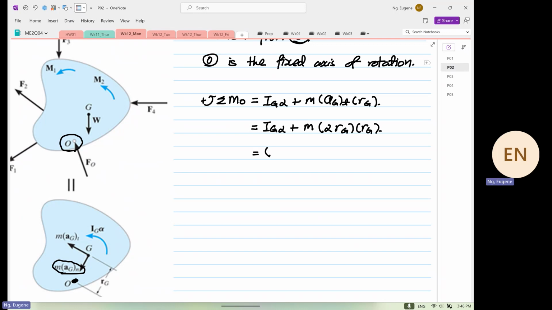So this will be equal to I_G plus m r_G squared, and the whole thing multiplied by alpha. So the only thing that changed, if you want to consider the rotational axis, is this equation over here. I want you to take note of that.